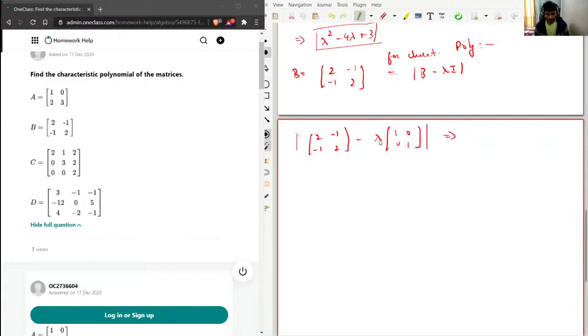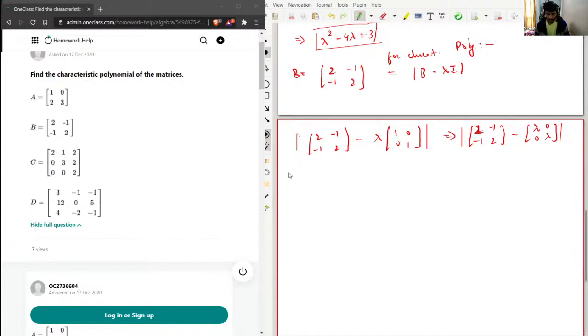Now again I'll just multiply this lambda with each and every element of this matrix. So this will be 2 minus 1 minus 1 2 minus lambda 0 0 lambda, and I'll go for the subtraction. This 2 is not clearly visible.